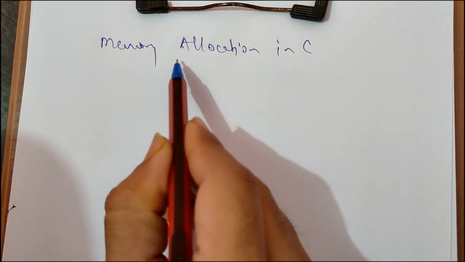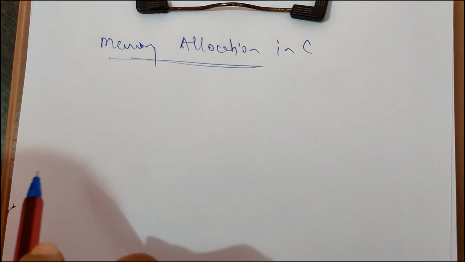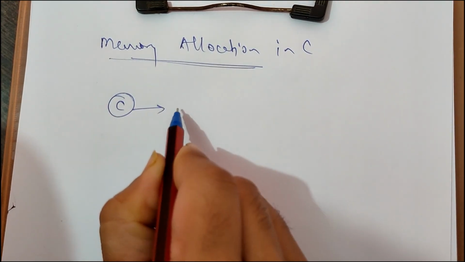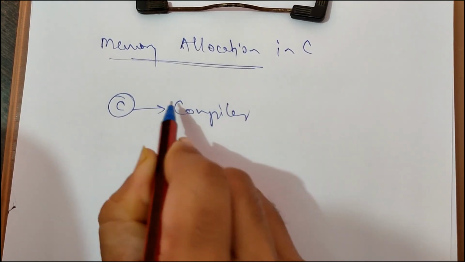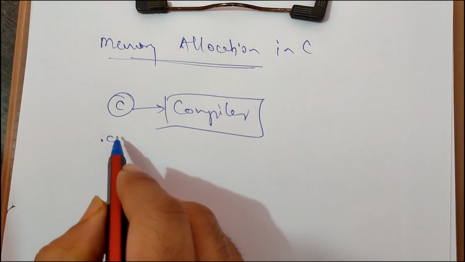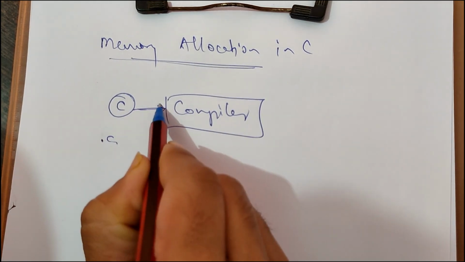Before we proceed to this, you should know some basic things. I am just drawing the basic flow on that C program. Here I have a compiler. That .c file or C program files, that compiler will compile.